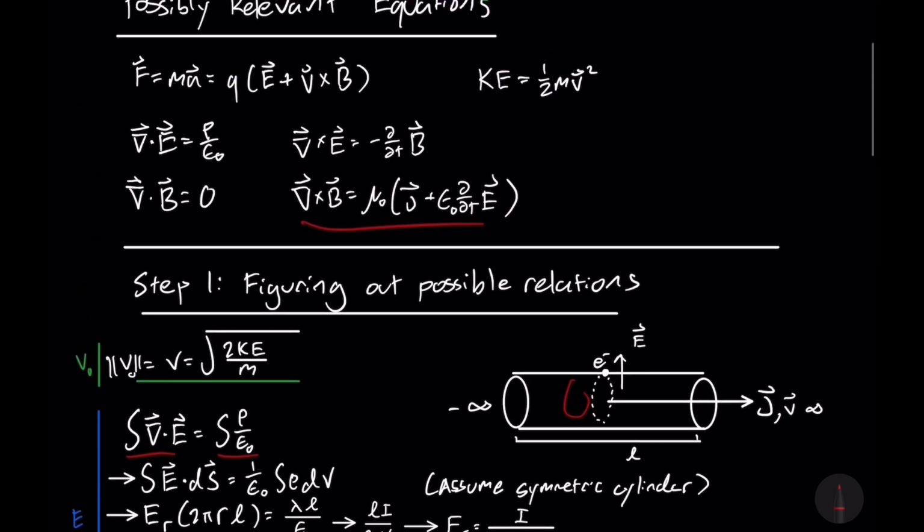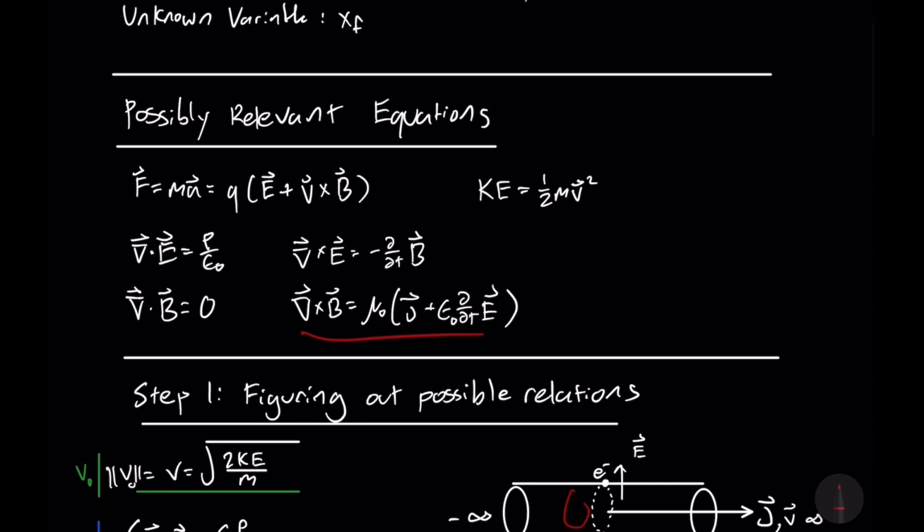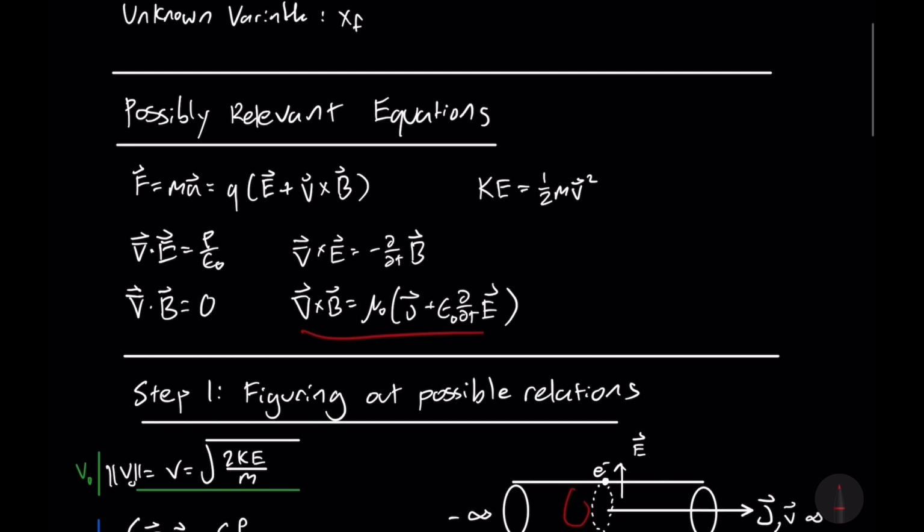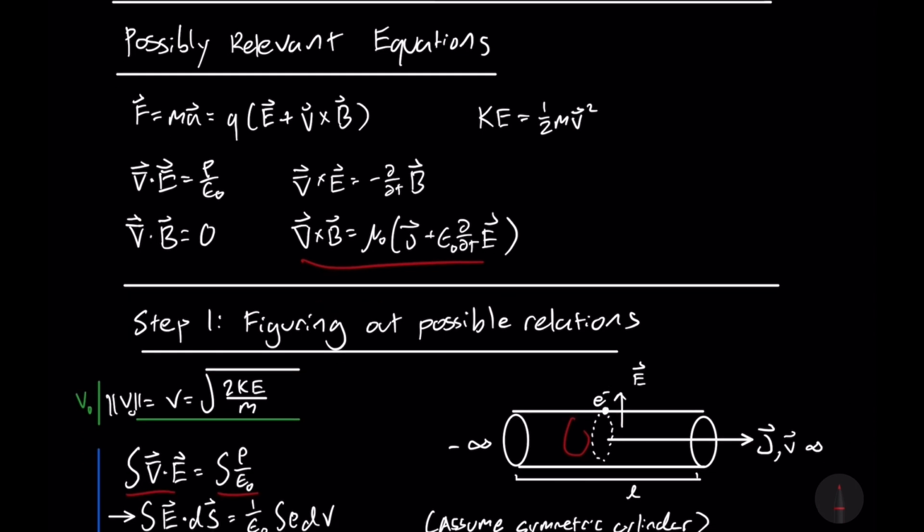So the first part is saying, okay, what is it? F equals ma equals qE plus v cross B. That's a lot, especially v cross B. Cross products are going to mean a lot of solving later. So we don't want to actually solve for the v cross B part.